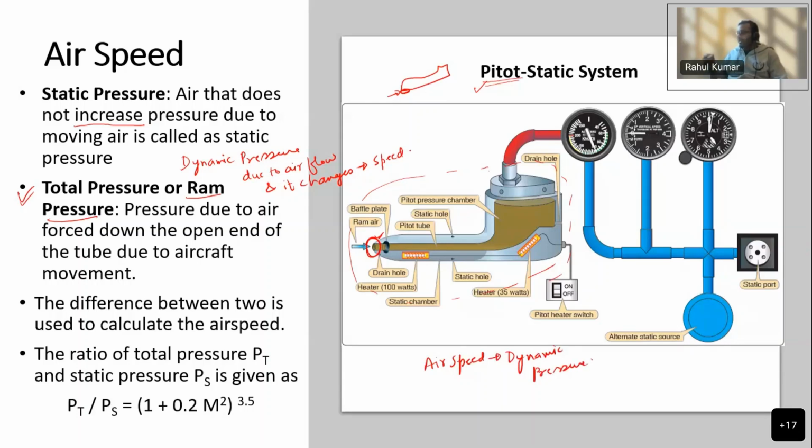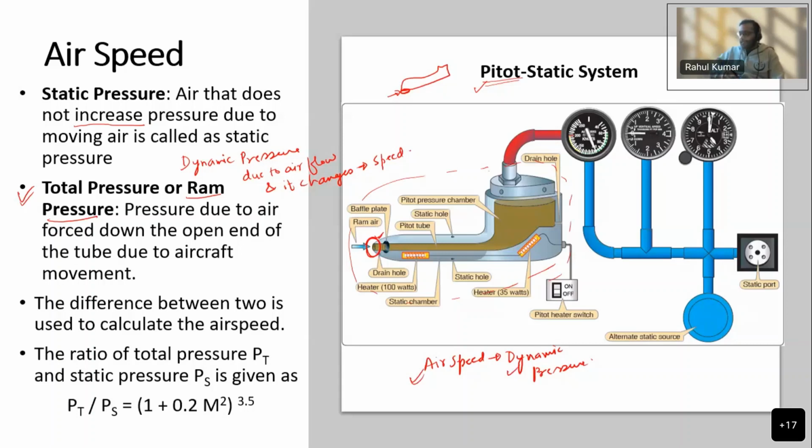Which basically changes due to the movement of the aircraft. So therefore, the difference between the total pressure and the static pressure can be used to calculate this dynamic pressure and the airspeed.